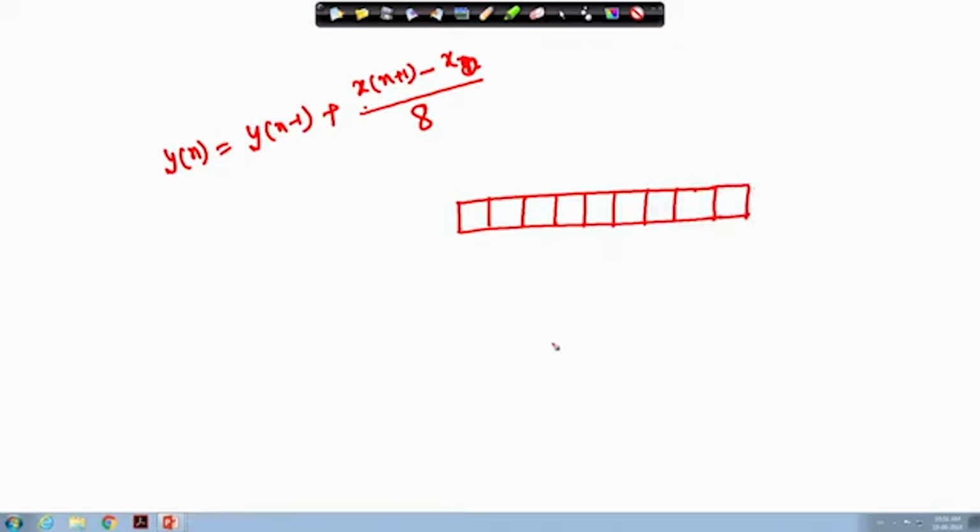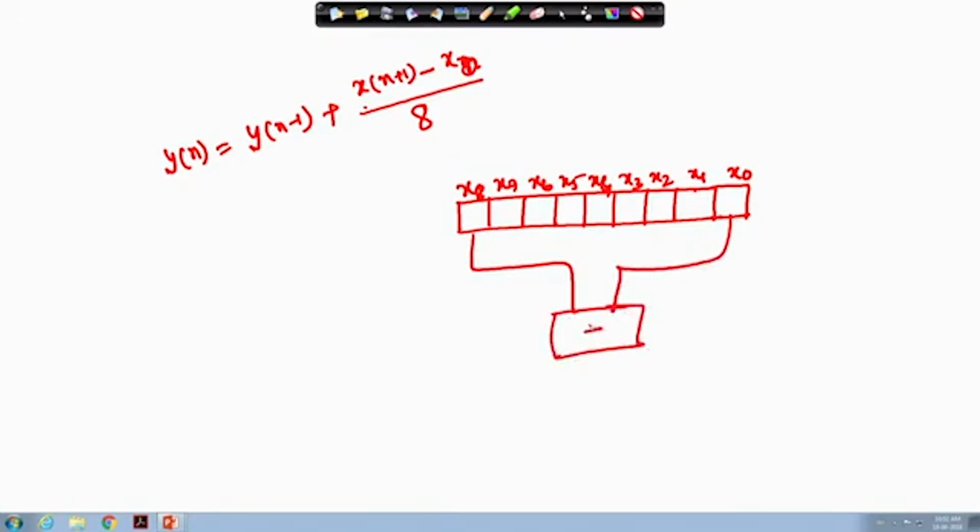So, that means I need this x 0, x 1, x 2, x 3, x 4, x 5, x 6, x 7, x 8. I need to do this minus of this particular 2. This is nothing but one FIFO, that means the first in, first out.